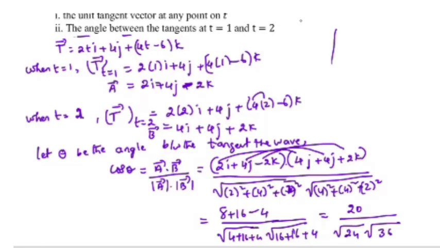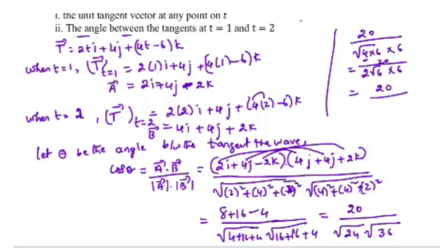So that can be written as 20 over root of 24, and 24 can be written as 4 6s are 24, and the root of 36 is 6. So 4 comes out, it becomes 2 root 6 into 6, so 20 divided by 12 root 6. 4 3s are 12, 4 5s are 20, so that will be 5 by 3 root 6 as the answer.